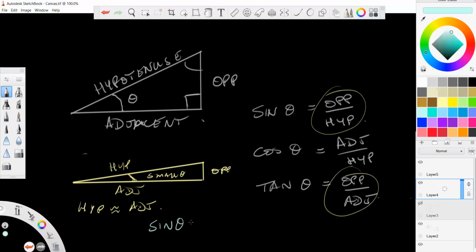So sine theta is approximately equal to tan theta for small theta. Any questions on that? You can also prove that by saying sine divided by cos equals tan, but cos is very close to 1 at small theta. But the easiest way is just to see that the hypotenuse and adjacent must be very similar here, and that therefore it doesn't matter whether you use the hypotenuse or the adjacent.